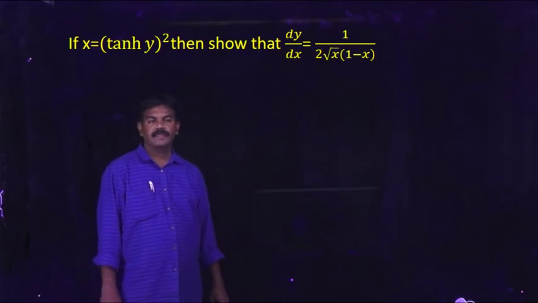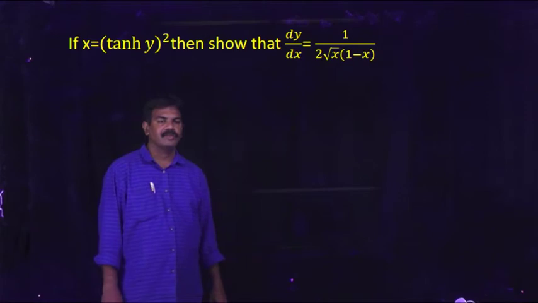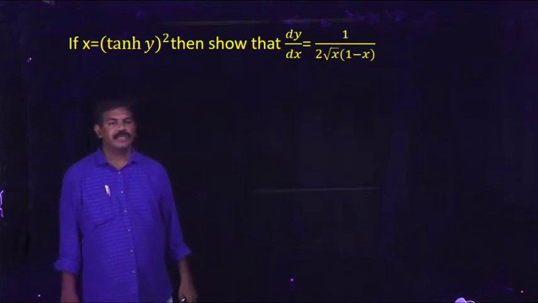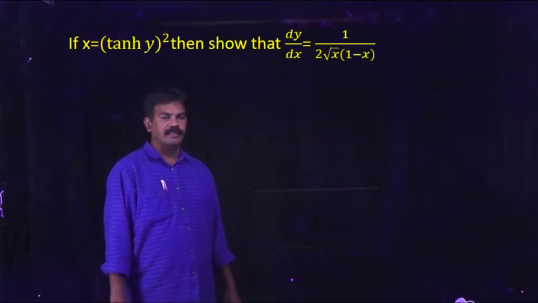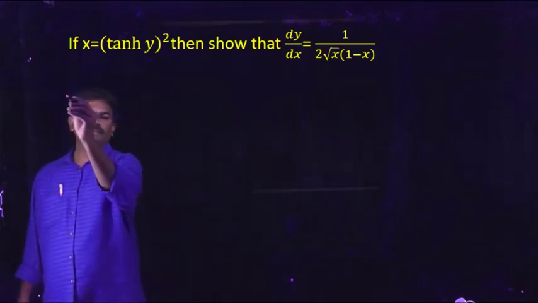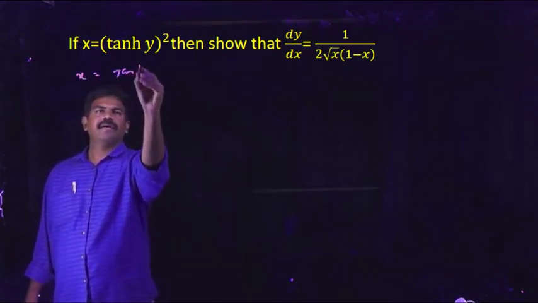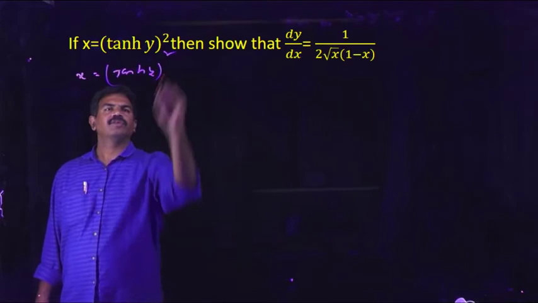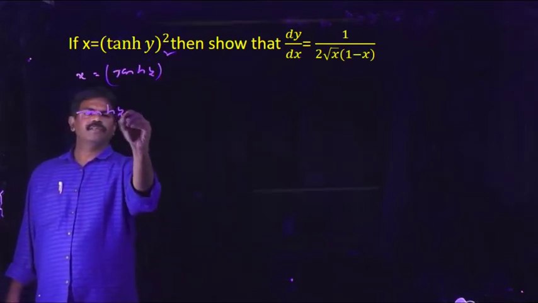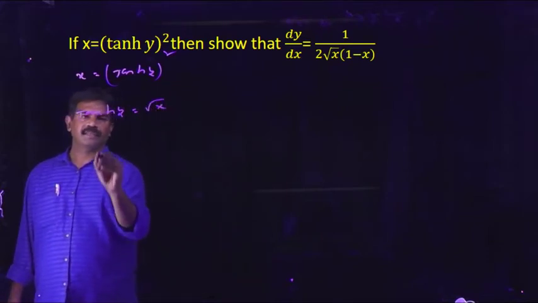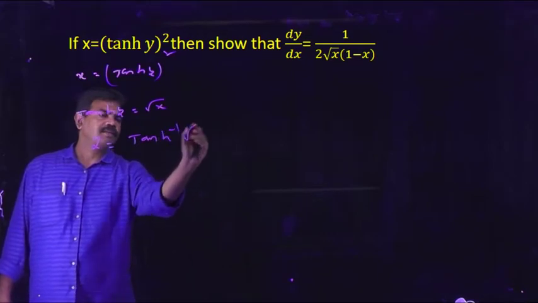Students, see another example. If x is equal to tanh y whole square, then show that dy by dx is equal to 1 by 2 root x into (1 minus x). So given is x is equal to (tanh y) whole square, that is tanh y is equal to root x, y is equal to tanh inverse root x.